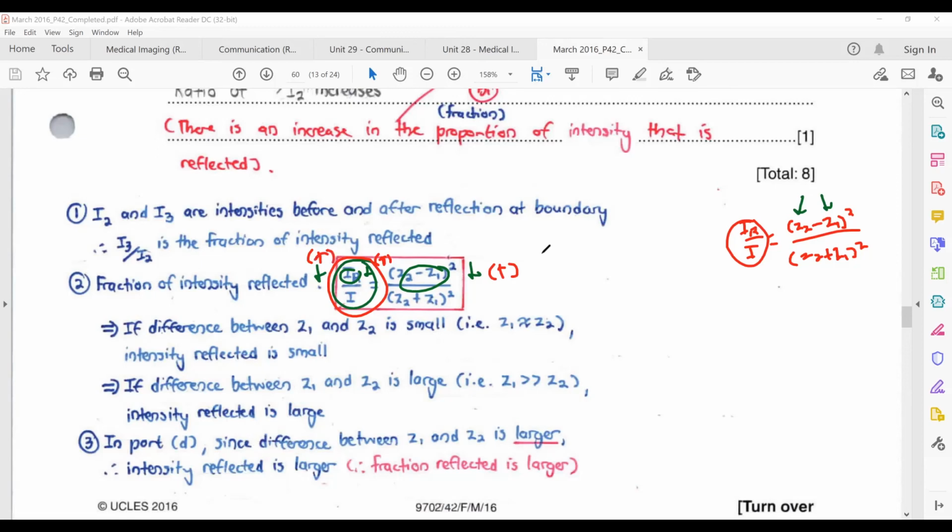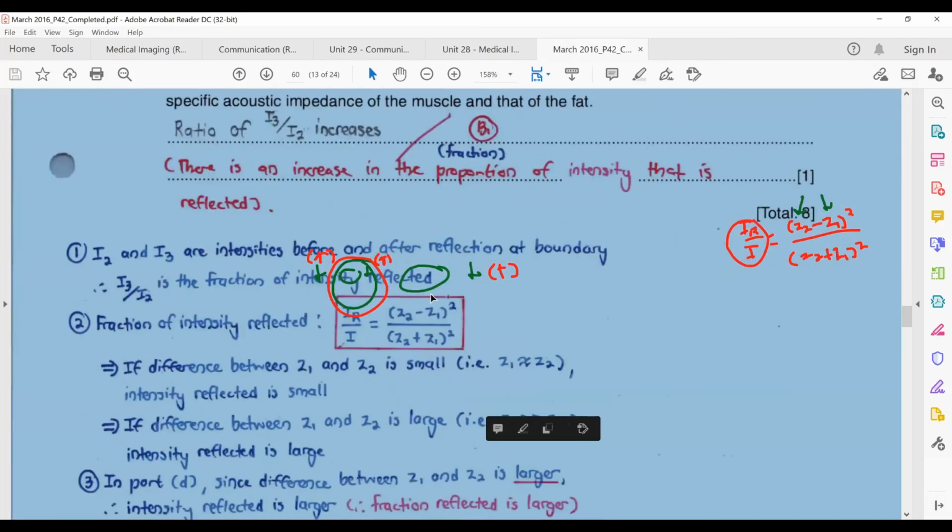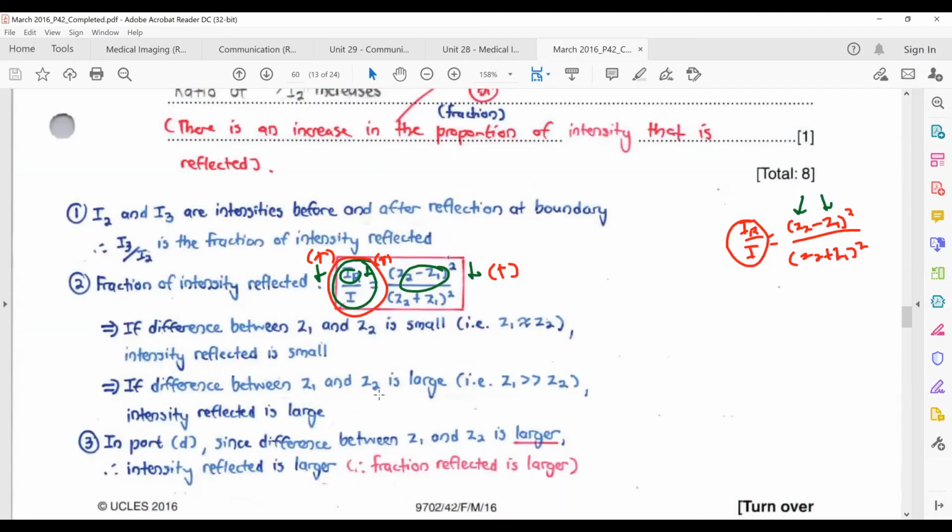So in your case here, they tell you specifically that the difference between the specific acoustic impedance of muscle and fat is bigger now. Meaning the difference between them is bigger. So you would expect the intensity reflected to be larger.